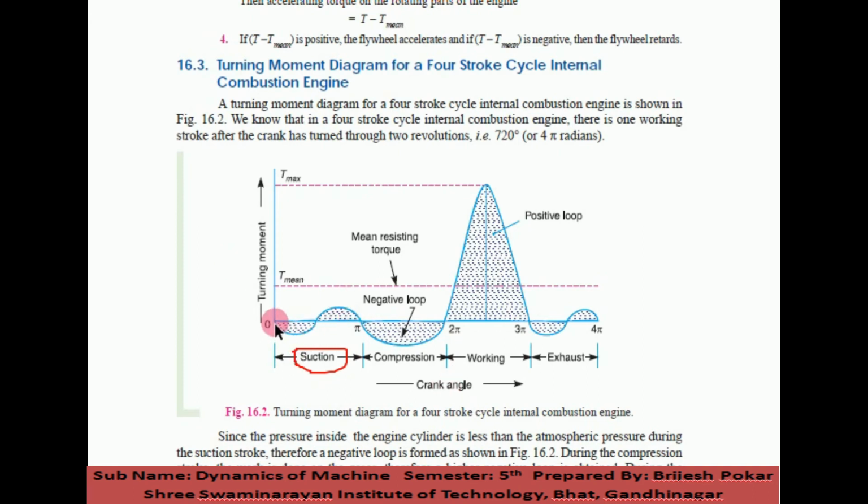During suction we have to apply work, so that is negative work, and then it becomes positive. Second is compression, where we have to give extra work, so here it is also negative.